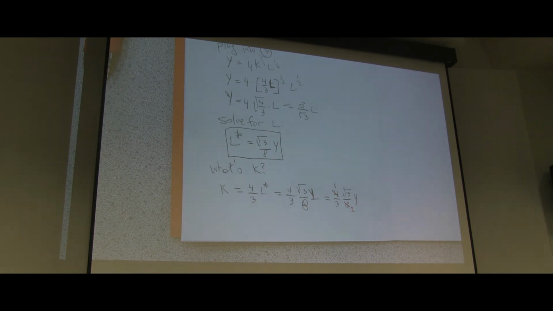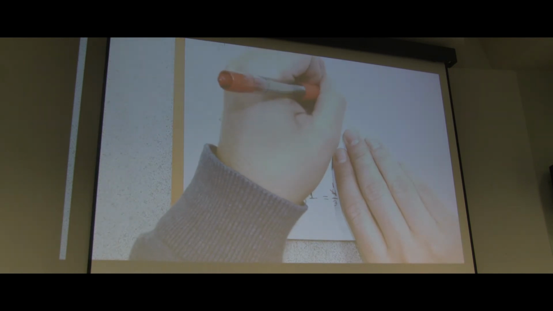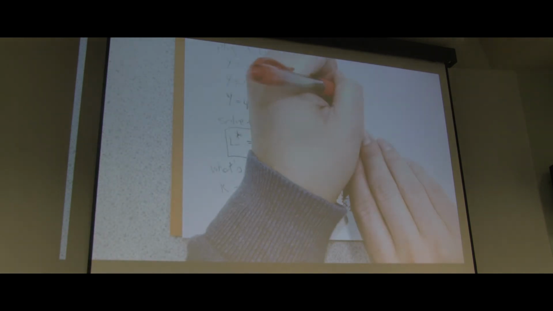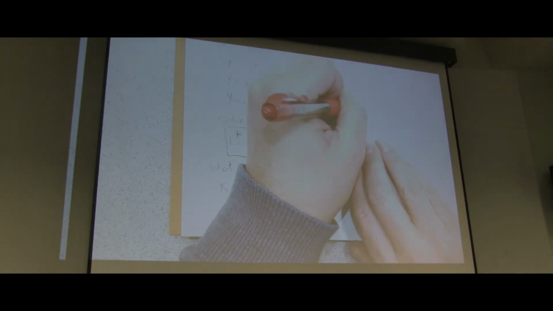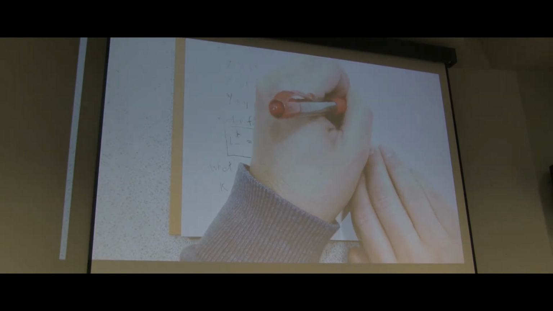Yes, let me write it down. Okay. So 4 times square root of 4 divided by 3. That's the same as saying 4 times square root of 4 divided by square root of 3.